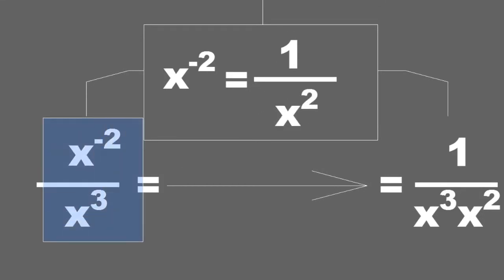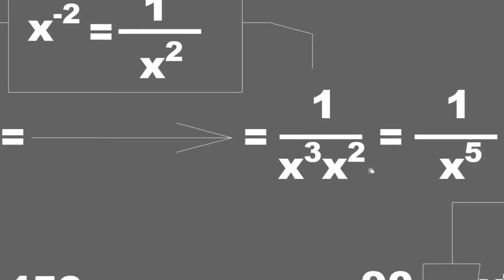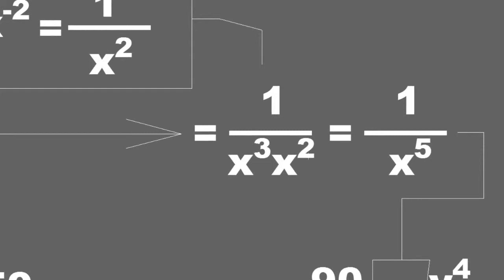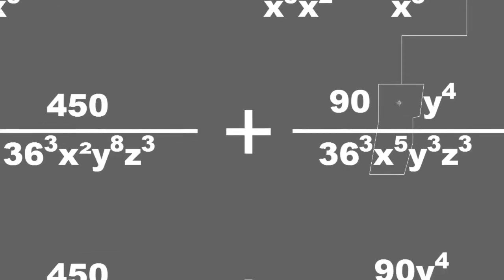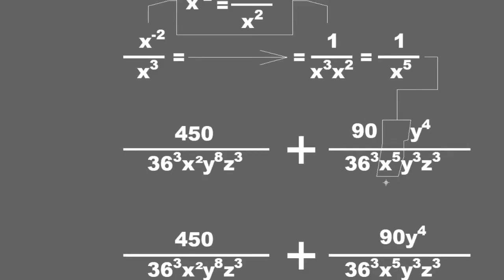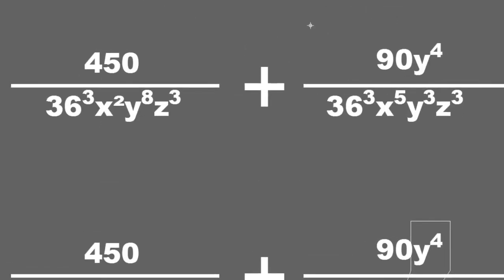So this expression becomes 1 divided by x cubed times x squared. The exponents add up, and that's just 1 divided by x, and the exponent is 3 plus 2, 5. So the x on the top disappears, and in the denominator I have an x with an exponent of 5. Here we are up to now.